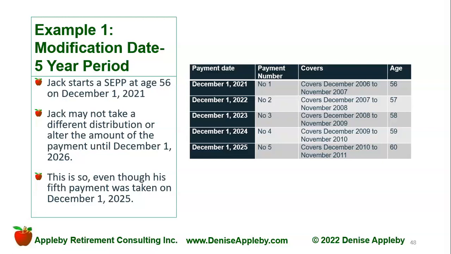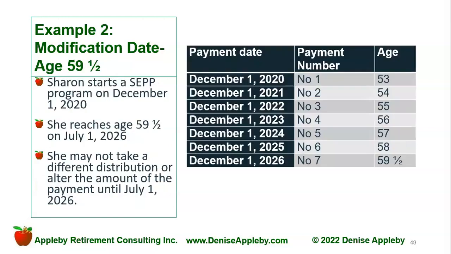Right, so Jack has to take payments at age 56, 57, 58, 59, and 60. If Jack takes any other payment before the modification date, then that would be considered a modification, which means the rules are broken. And I'll talk about what it means when the rules are broken in a second.